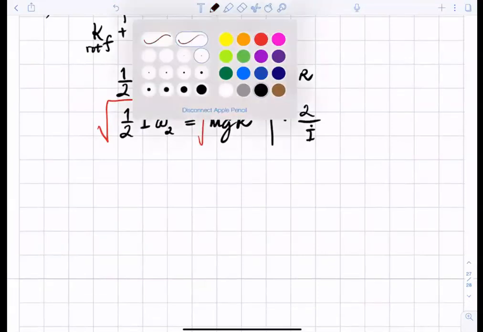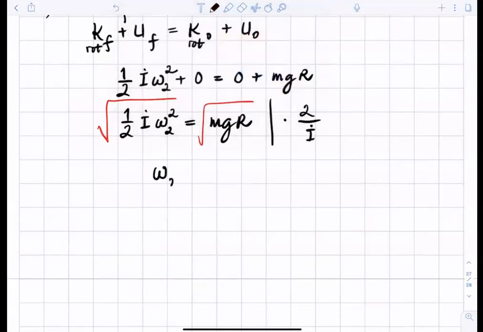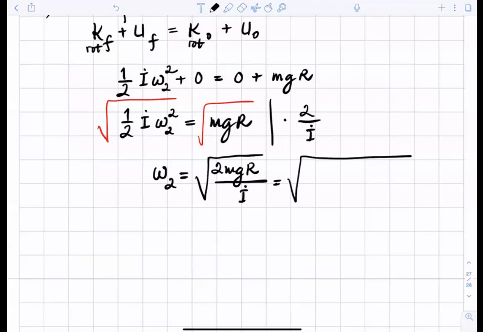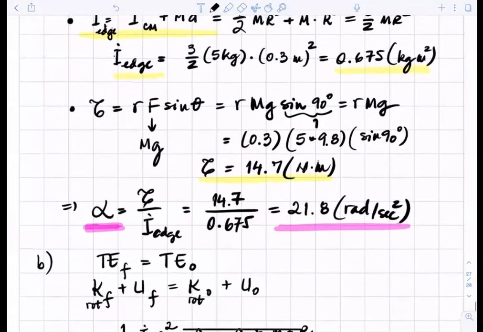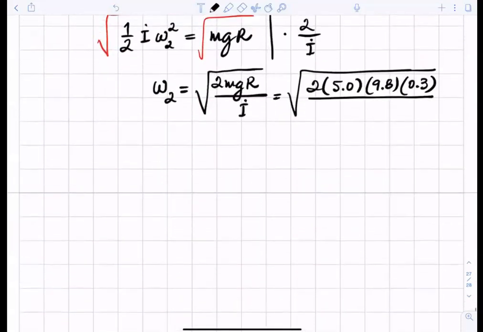All right. So we get omega 2 equals square root of 2 mgr divided by I. Now go ahead and plug in your numbers. What do we have? 2, the mass was 5 kilograms, 9.8 or 9.81, radius 0.3, and I forgot how much it was, 0.675.